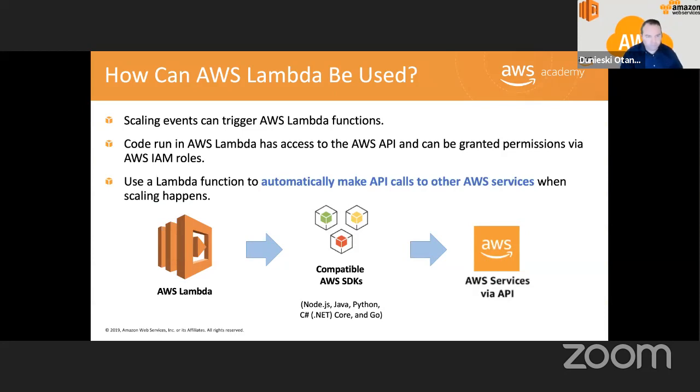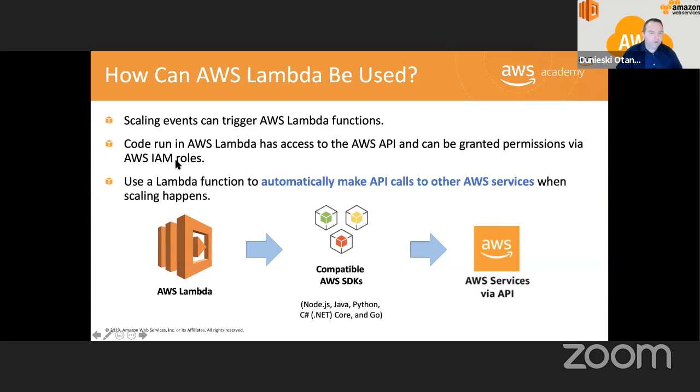with code, for sure. Code run in AWS Lambda has access to the AWS API and can be granted permissions via AWS IAM roles. A Lambda function has to have a role that allows Lambda to interact with other services, okay? This is something that you see in the basics of AWS. This course already assumes that you know about roles.